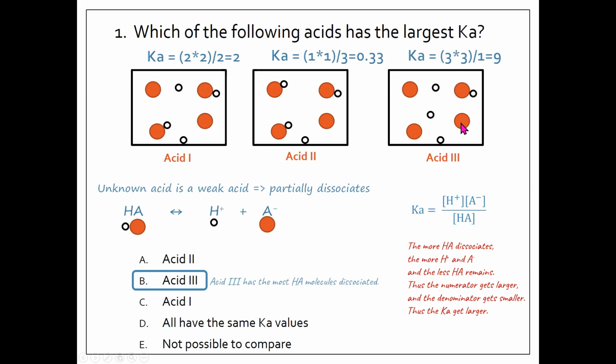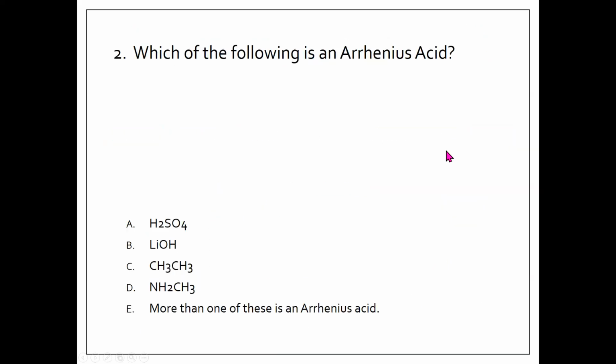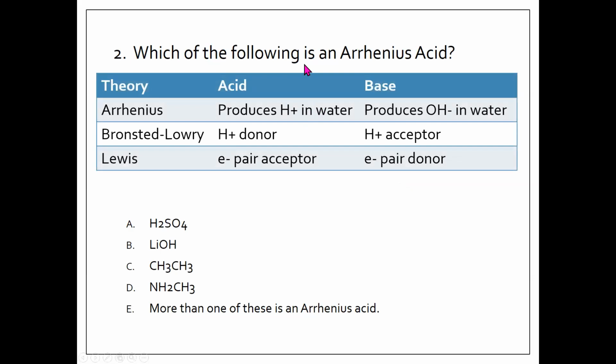Now let's go on to problem number 2. For problem number 2, we're looking for the Arrhenius acid. And remember, we define acids in 3 ways. There's the first, most basic definition, the Arrhenius, which is the definition that most people learn at the beginning of learning about acids and bases. The Arrhenius acid produces H plus in water, and the base produces OH in water.